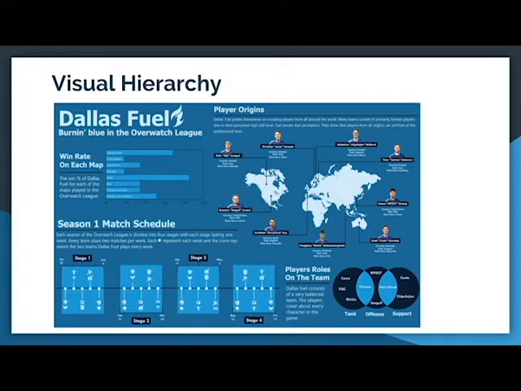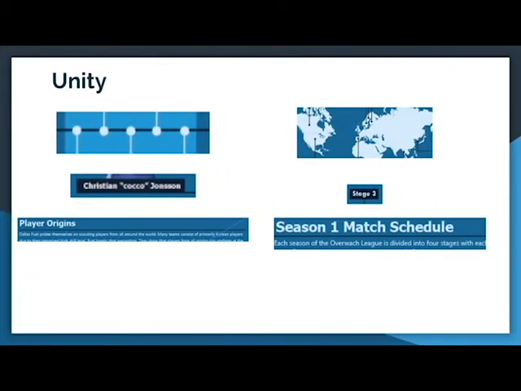Next, I'm going to be talking about how I created unity in my infographic. I created unity throughout my infographic by first using the dots and lines in multiple places. It would be kind of weird to use different shapes.